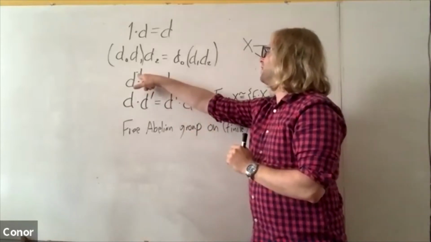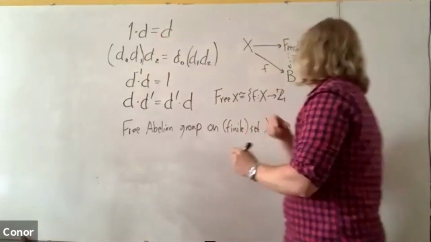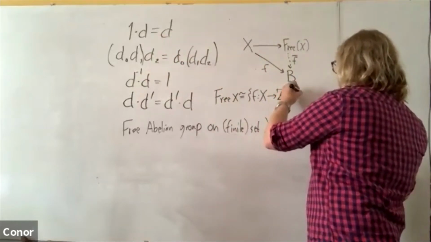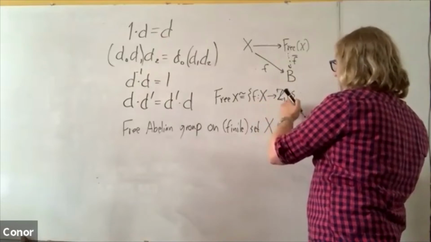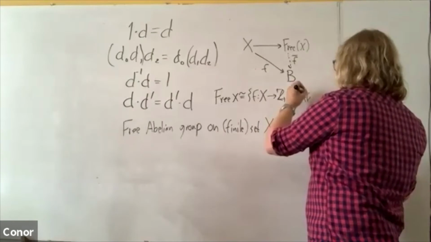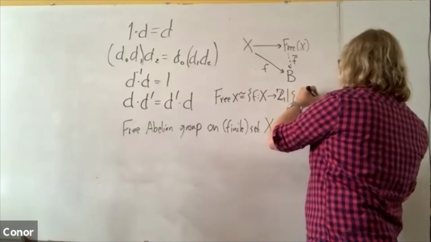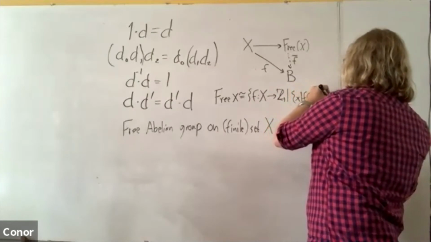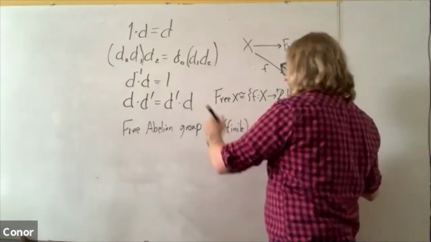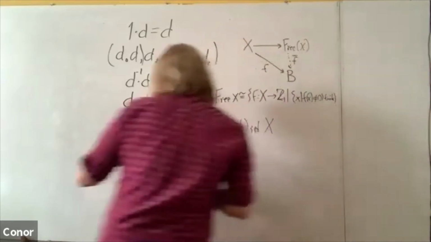So you might need to have -1 ones, or you can just have 1 or 2, etc. But these have to be such that they have finite support. So you can only have finitely many non-zero elements. So the x's such that f of x is not 0, this has to be finite. And what this means is that we can now have a normal form for these rings.